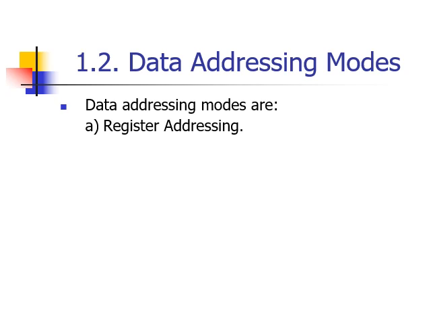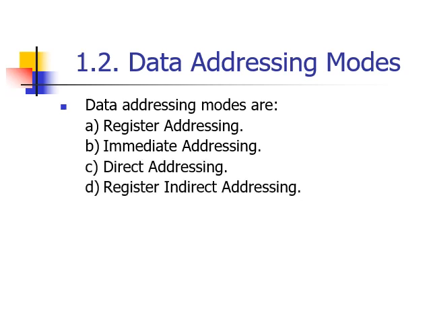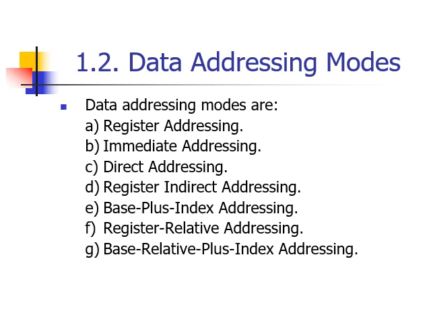This is one of the modes, or immediate addressing modes, direct addressing, register indirect, base plus index addressing, register relative addressing, and finally the base relative plus index addressing mode. So we'll talk about each one of these 7 different modes at a time.